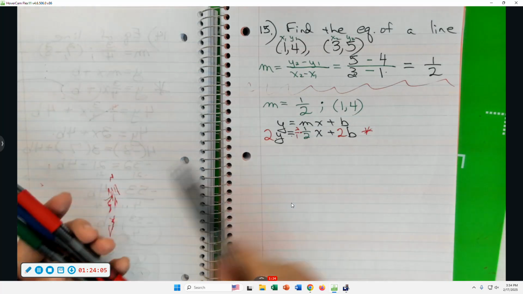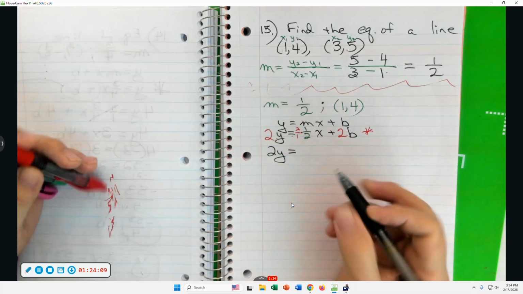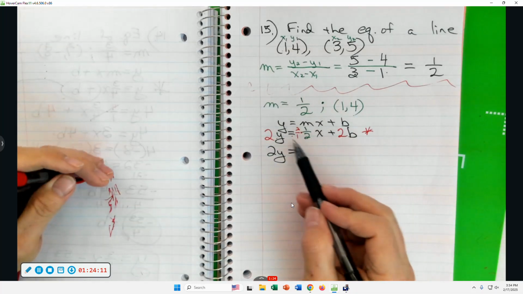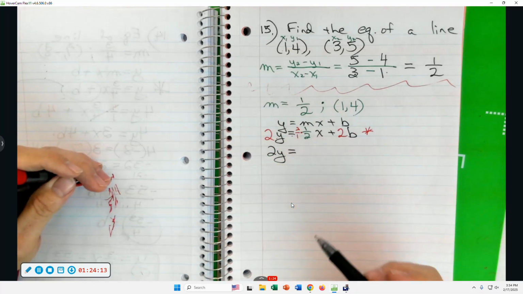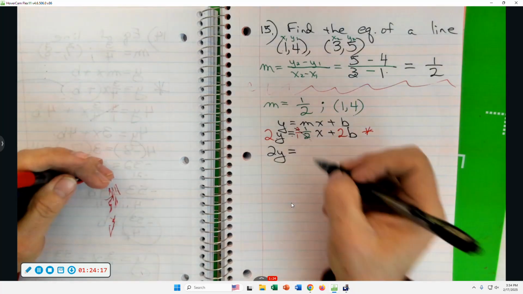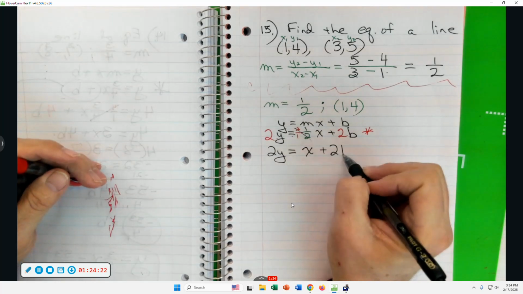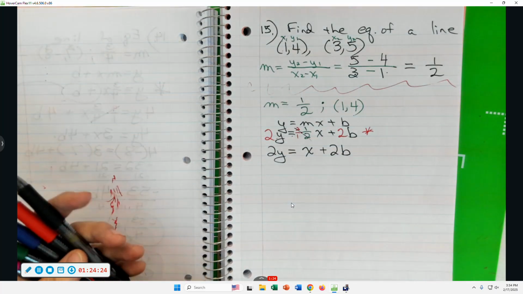So I have 2y equals, the 2's cancel to give me just 1x plus 2b.